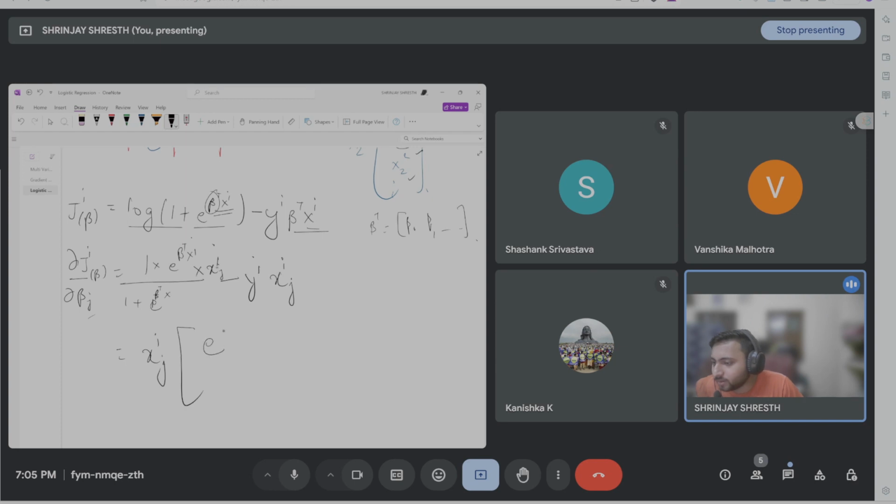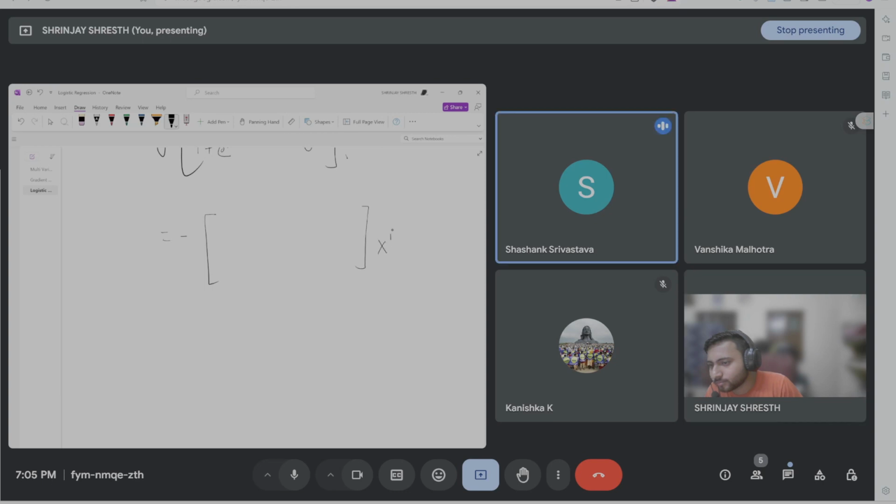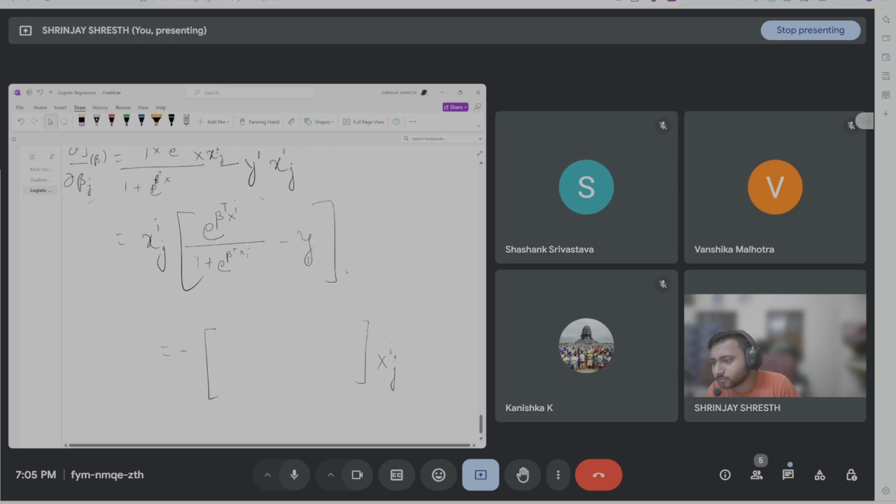What am I left with? e raised to the power beta transpose xi over 1 plus e raised to the power beta transpose xi. Did everyone get this? Let me shuffle it up a bit, and you would be having this value. Okay?